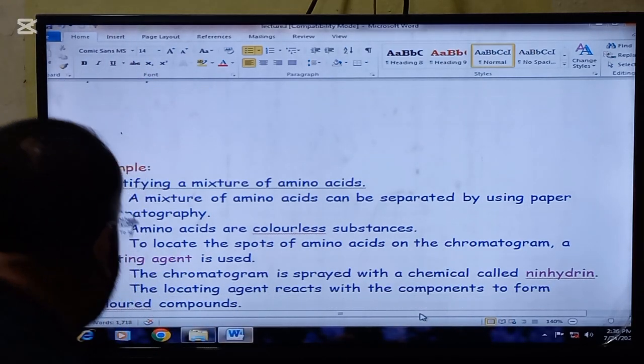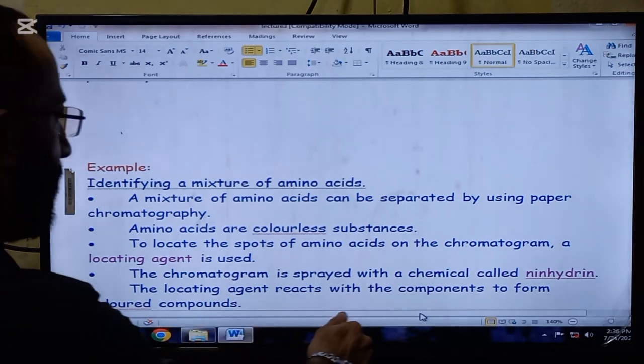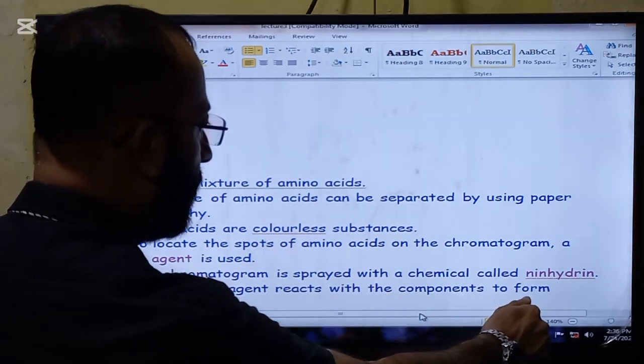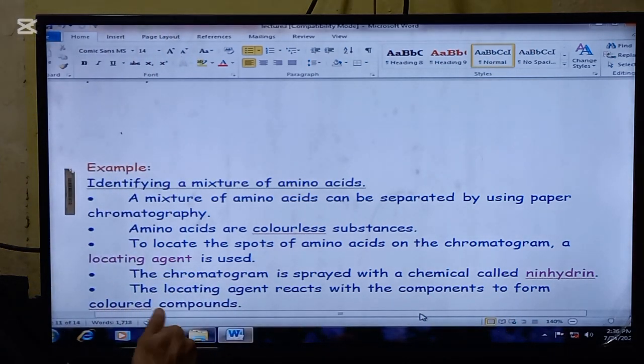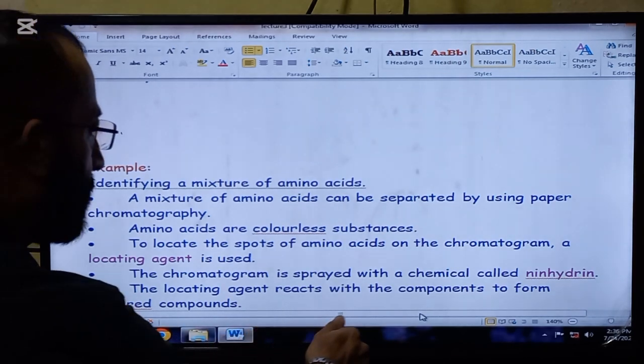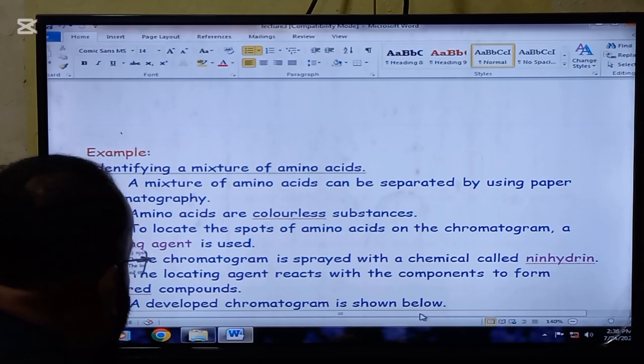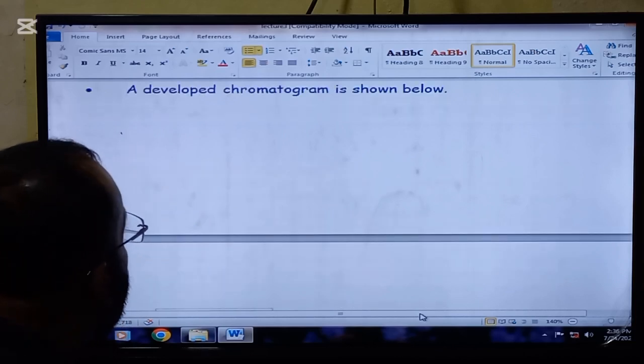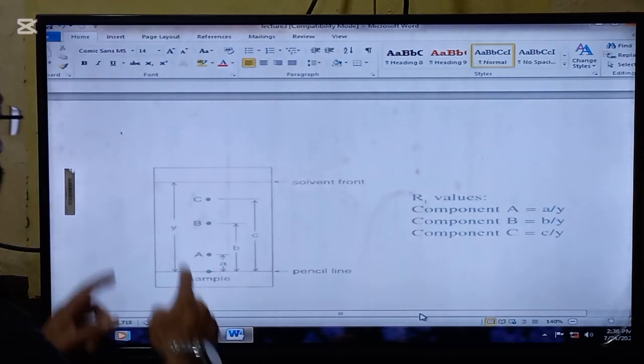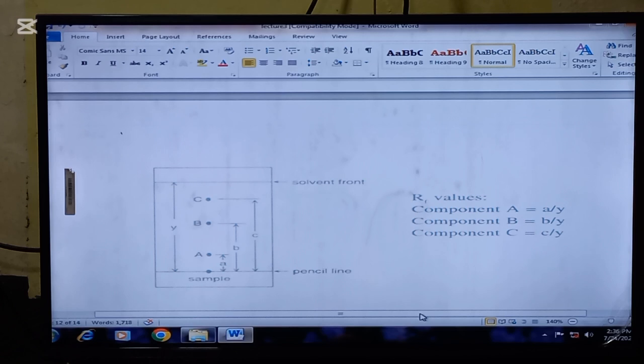Look how. The chromatogram is sprayed with a chemical called ninhydrin. The locating agent reacts with the components to form colored compounds. A developed chromatogram is shown below. So here is the developed chromatogram.